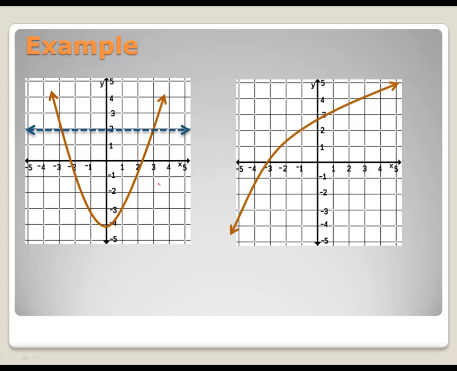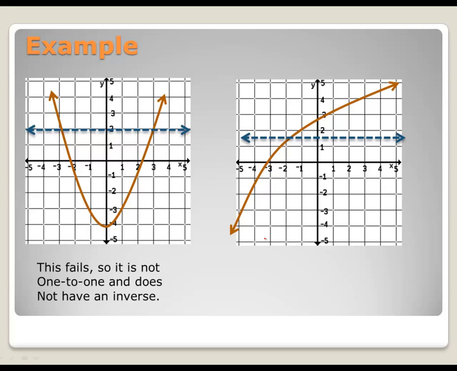If we have another function like this, which passes the vertical line test, it also passes the horizontal line test. Therefore, this function is one-to-one. So the first one fails, so it is not one-to-one and does not have an inverse. And the second one passes, so it is one-to-one and does have an inverse.